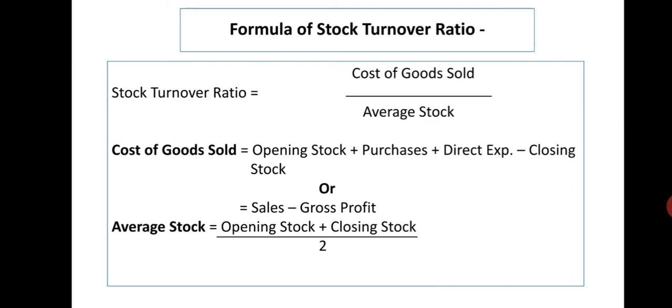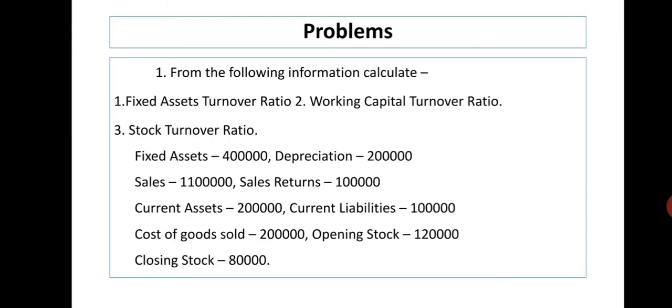How to calculate cost of goods sold, or what constitutes cost of goods sold? Opening stock plus purchases plus direct expenses minus closing stock. Or we can also calculate cost of goods sold by sales minus gross profit. Which one we have to use, either the first or the second, depends upon information given in the problem. And average stock means opening stock plus closing stock divided by 2.